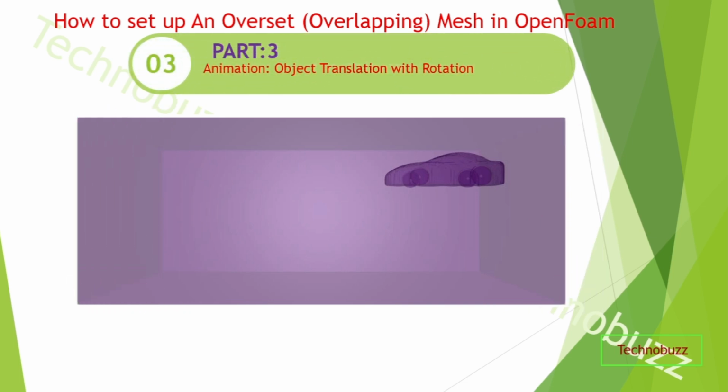Further, in this animation, we can see the object translation with rotation. In this simulation, I have used a scaled down car.